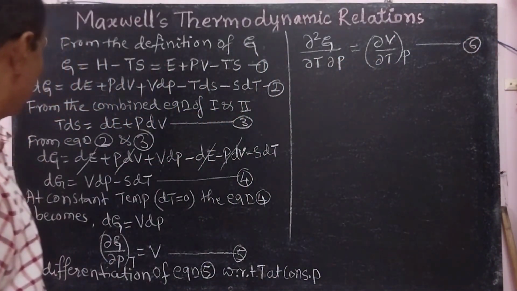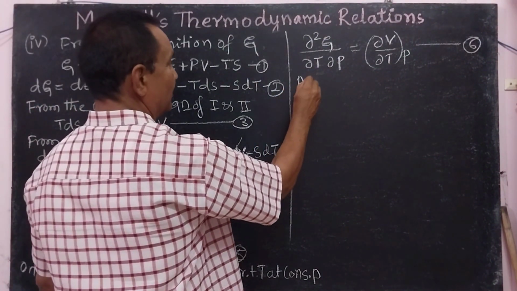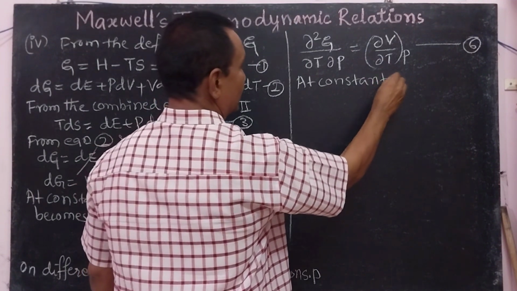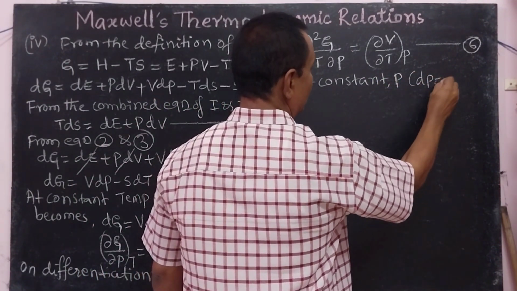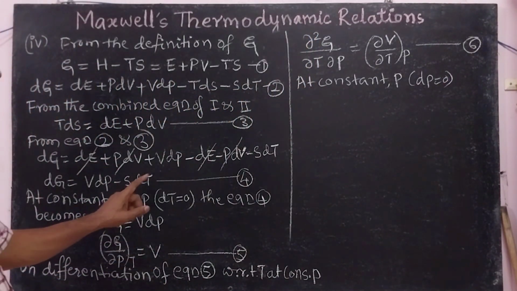Now the next condition: the constant temperature case is over, now at constant pressure, dP is equal to 0.